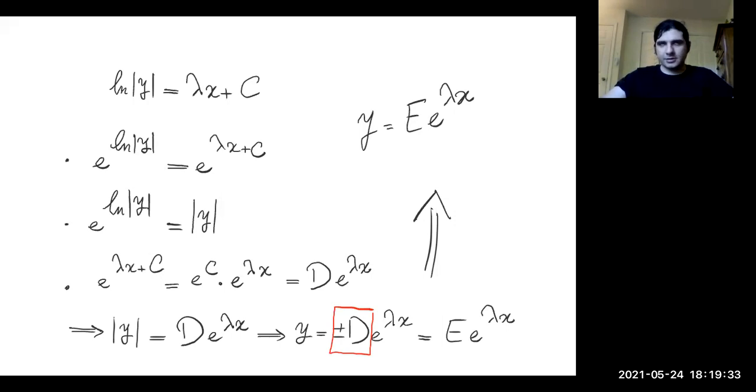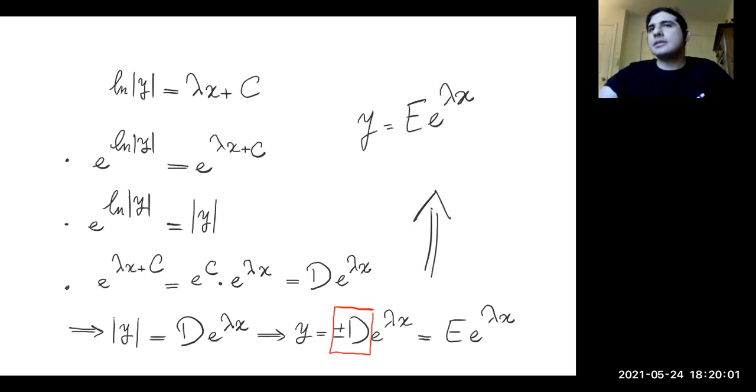And for other values of e, positive or negative, we would get other answers. These are all the solutions, right? There's nothing else. We solved it, and this is the general solution to this equation. Is there any question here? Okay.